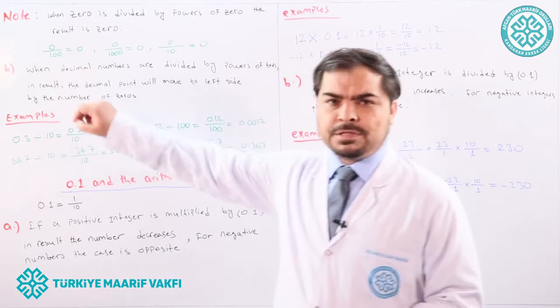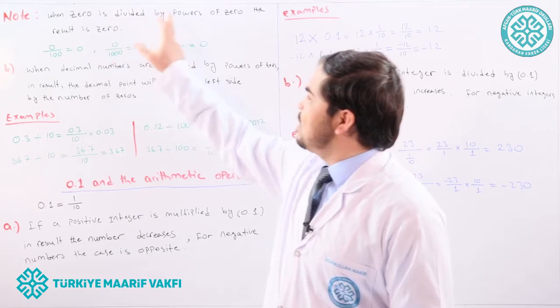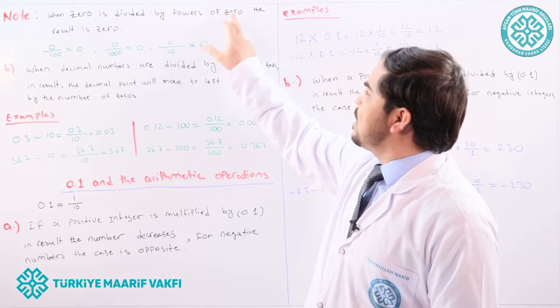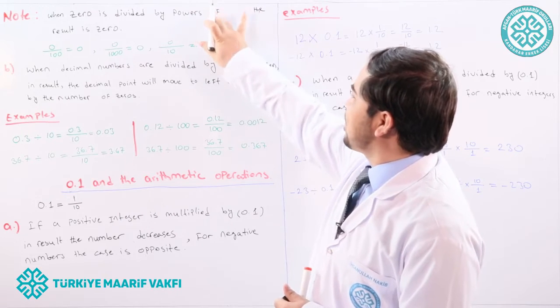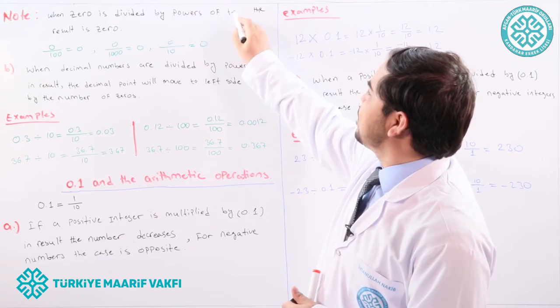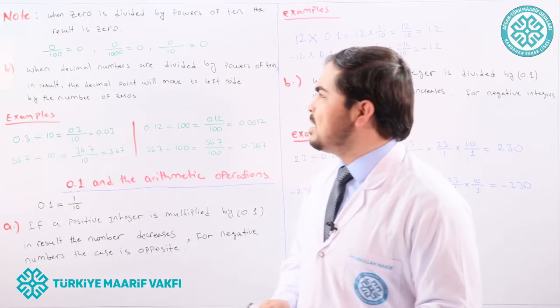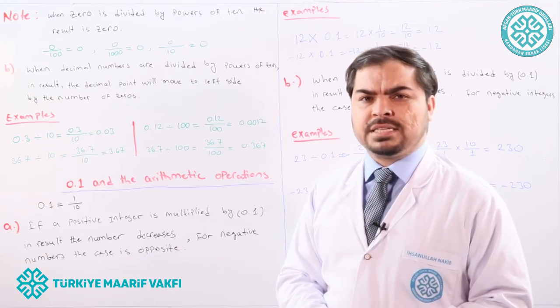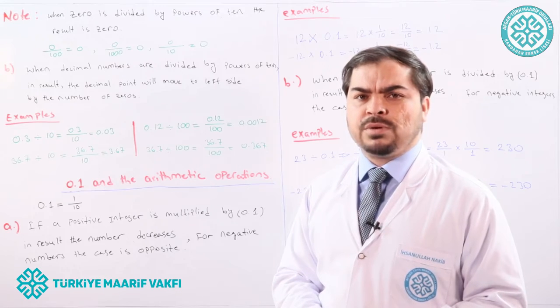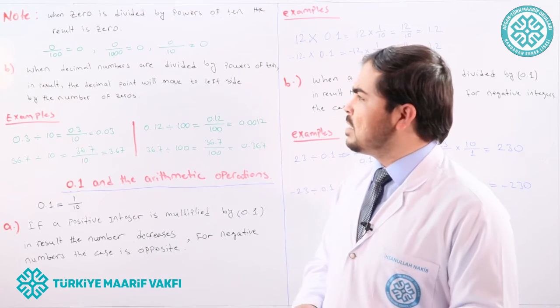Note that you have to remember when 0 is divided by powers of 10, the result is 0. What does it mean? If 0 is divided by 10, 100, 1000, the result will be the same. It will be 0.